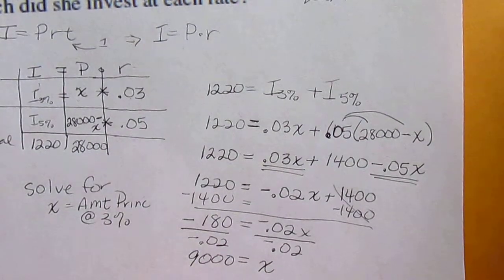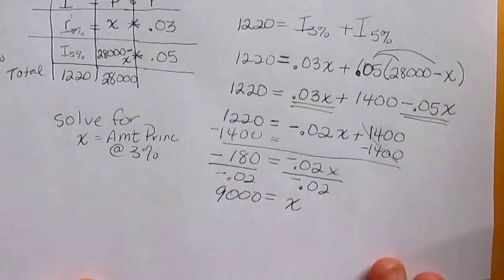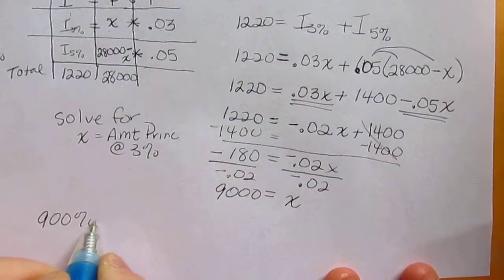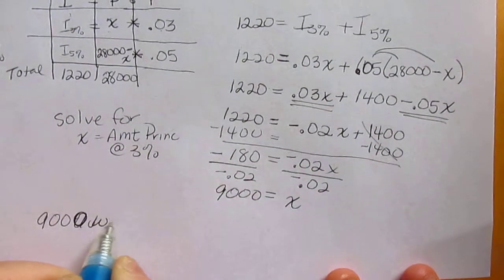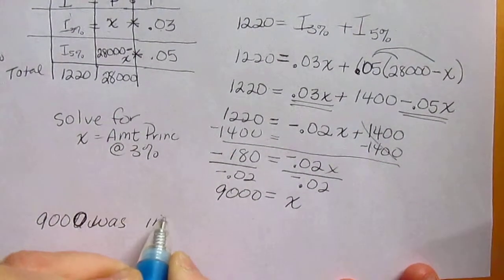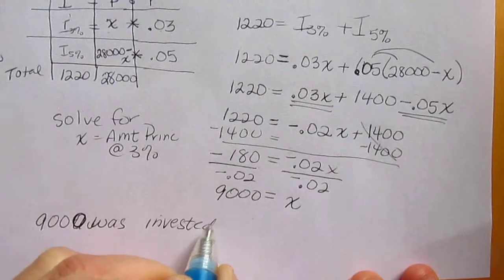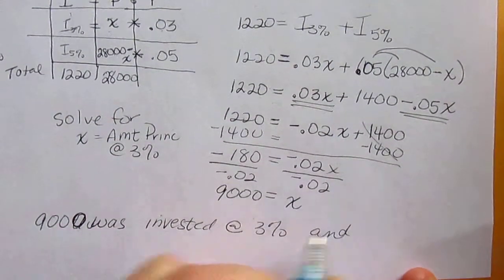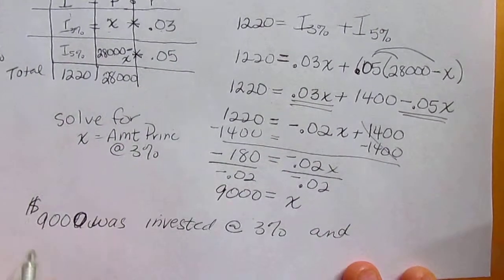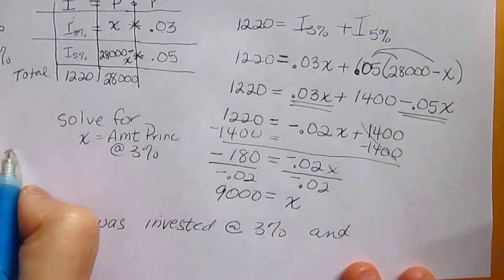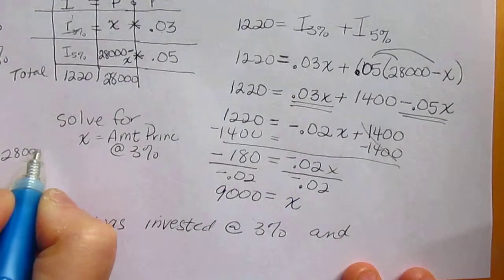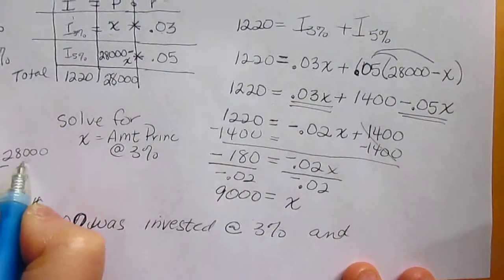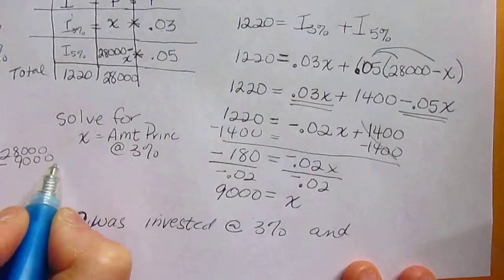Well, if x equals 9,000, then we know that 9,000 was invested at 3%, and how much, I need to do a little math, the amount invested at 5% is 28,000 minus 9,000.